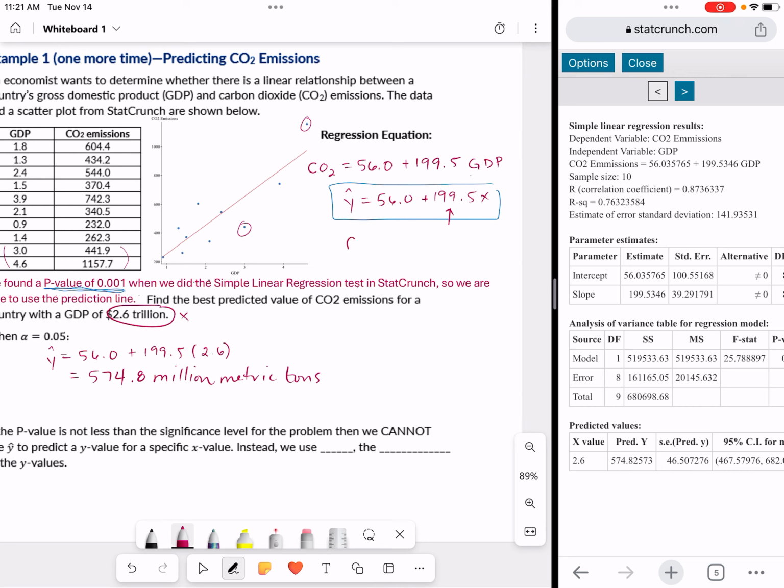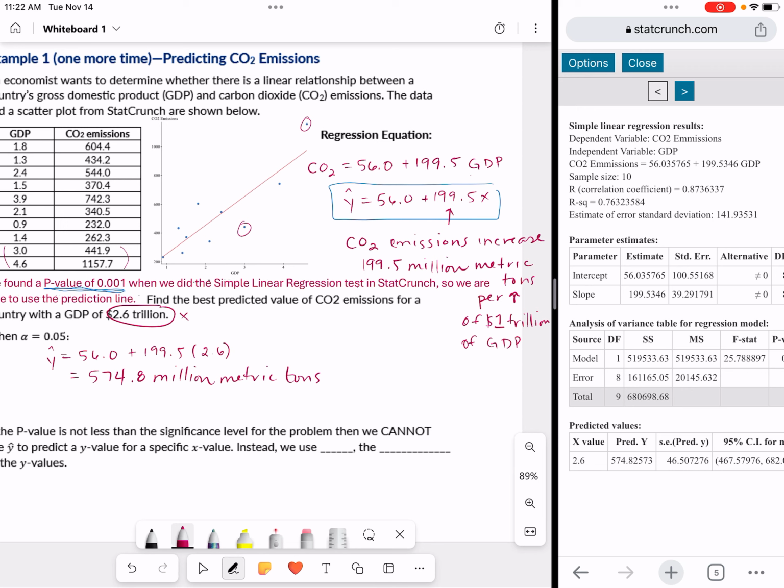So CO2 emissions increase by 199.5 million metric tons per increase of $1 trillion for GDP.